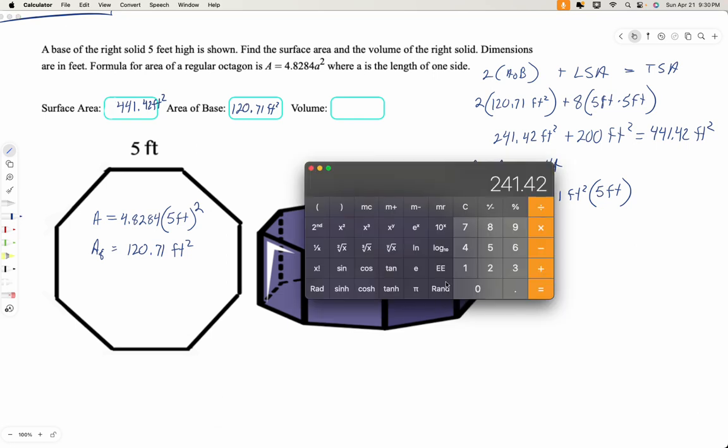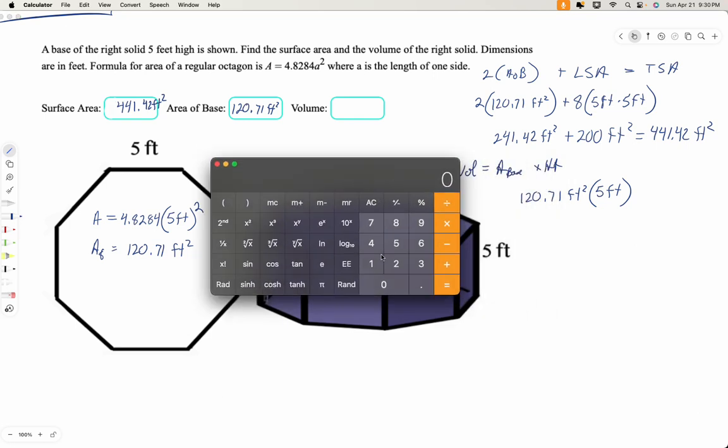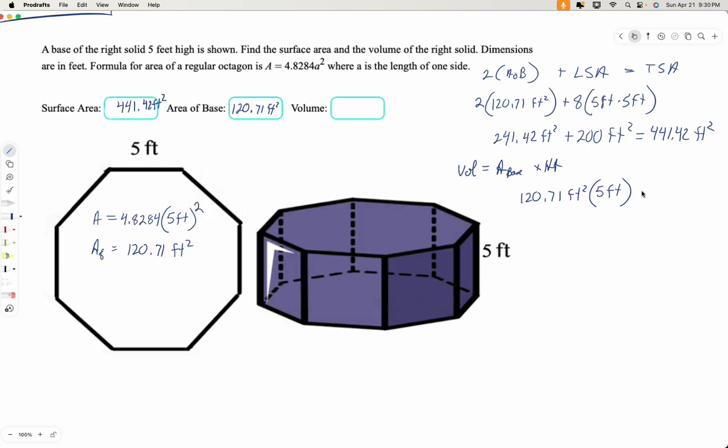We go back to the calculator. 120.71 times 5, 603.55. So 603.55 feet cubed. That would be the volume.